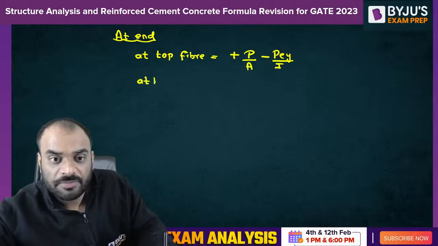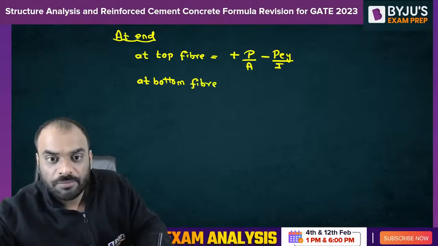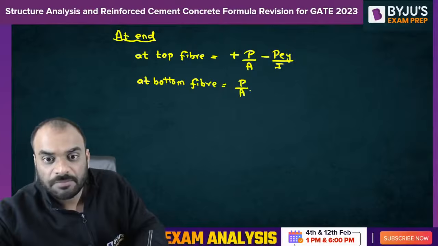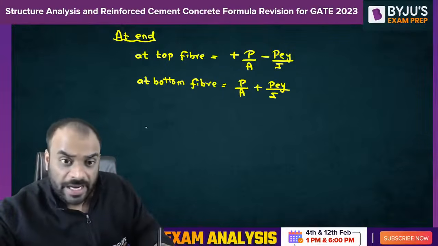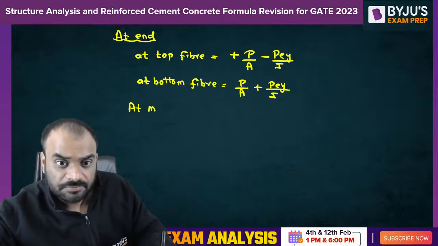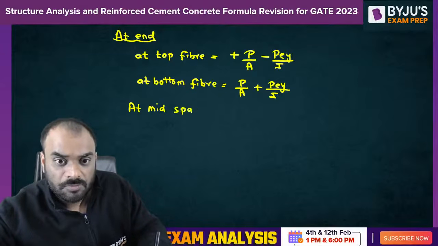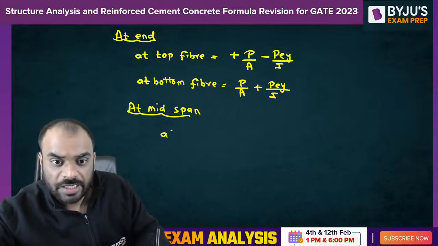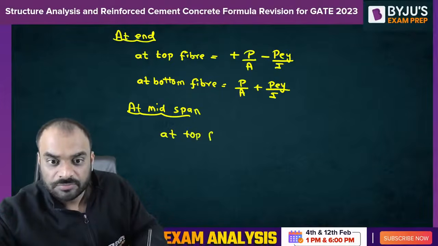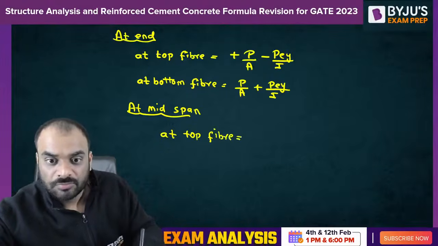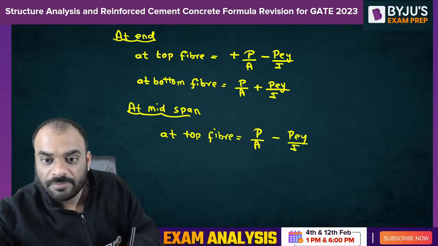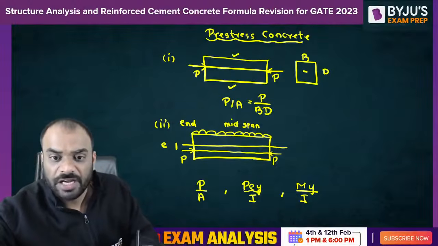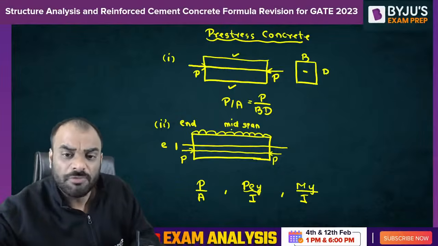Now at the bottom fiber, what should be our value? At bottom fiber, it should be P by A plus PEY by I. Clear? At midspan, at top fiber, the value will be P by A minus PEY by I. Then we have moment, and due to this moment guys, at the top we will have compression.